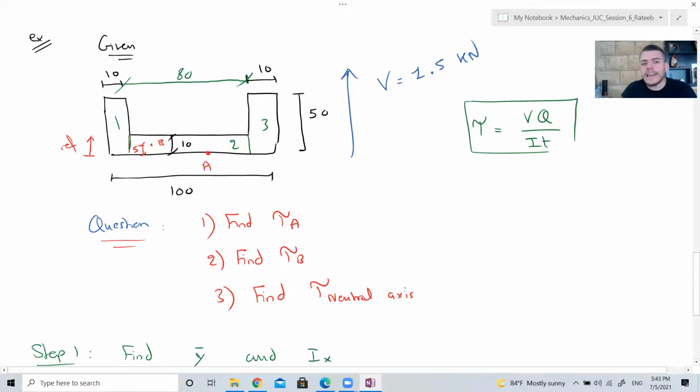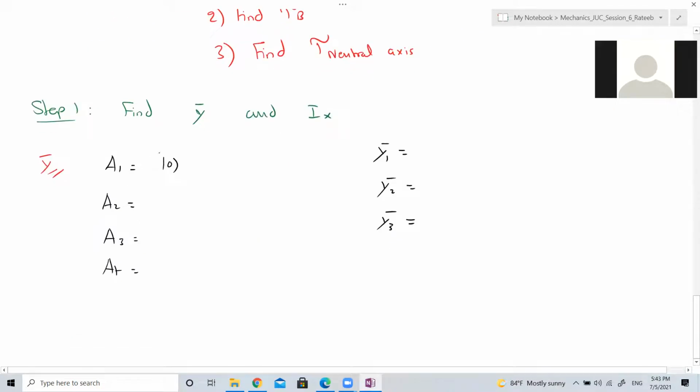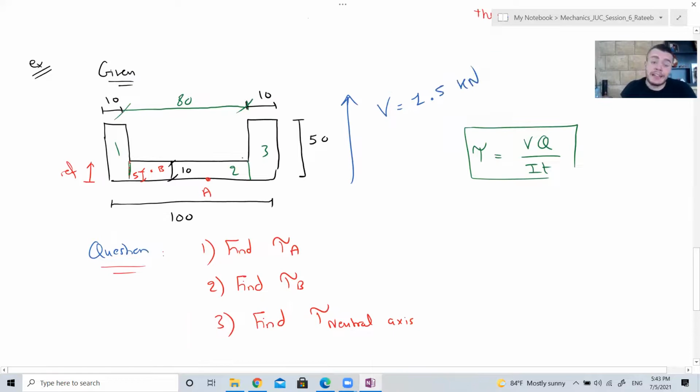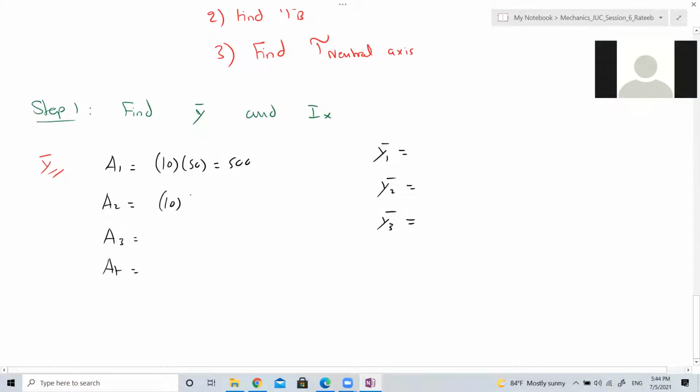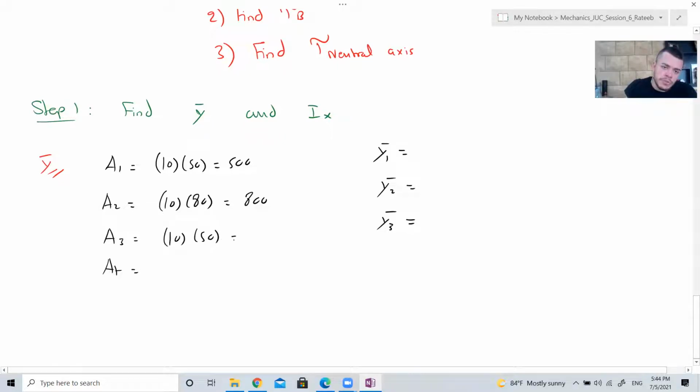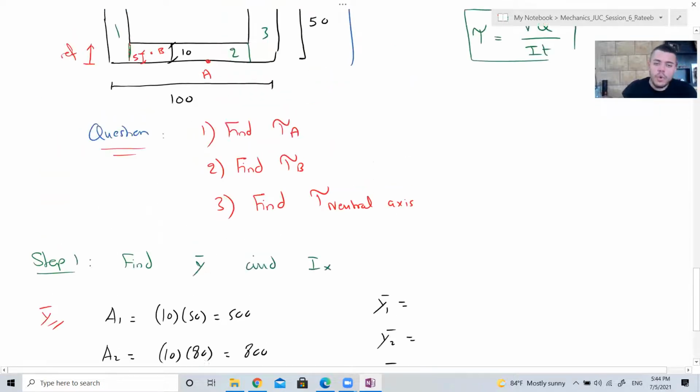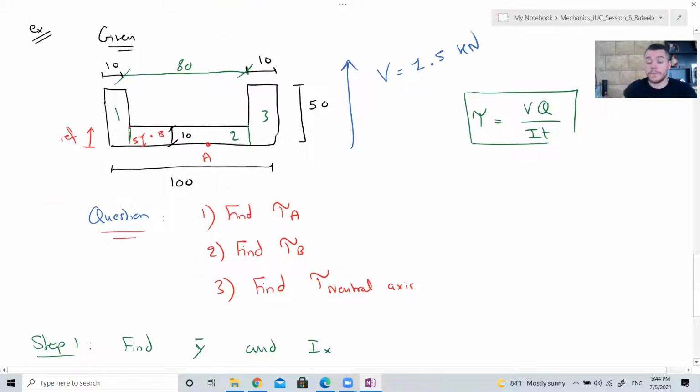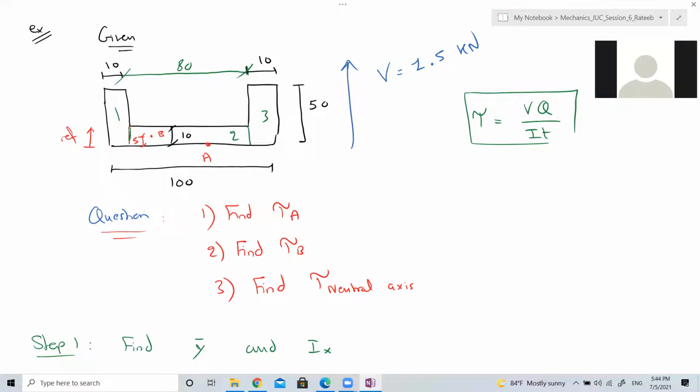What's area 1? 500. Right. It's 10 times 50, which is 500. Area 2 is 10 times 80, which is 800. Area 3 is 10 times 50, which is 500. And the total is 1,800. What's Y1 bar? 25. Right.